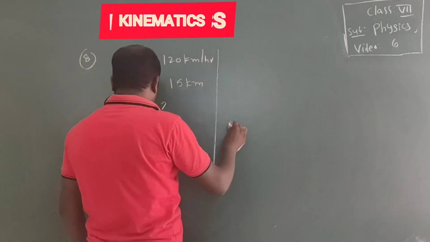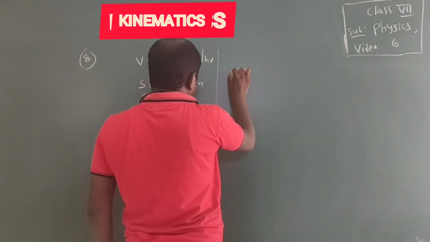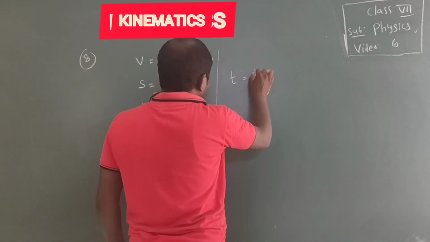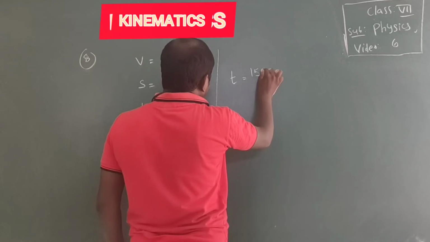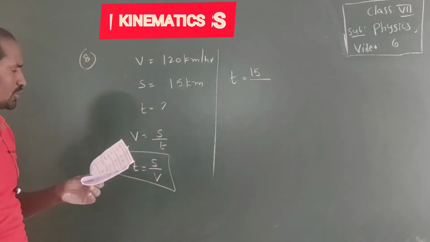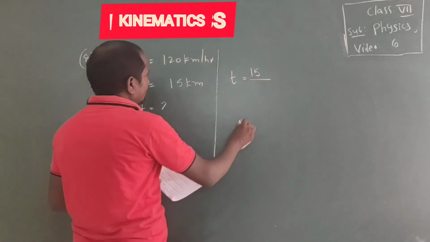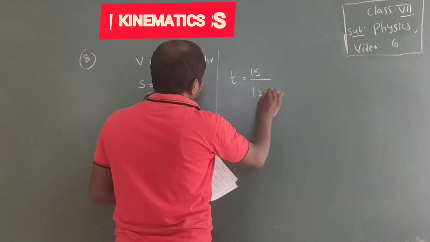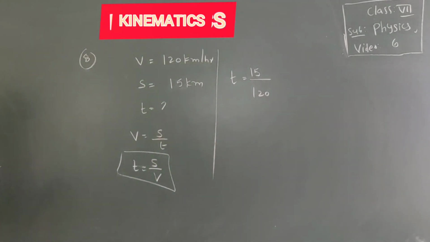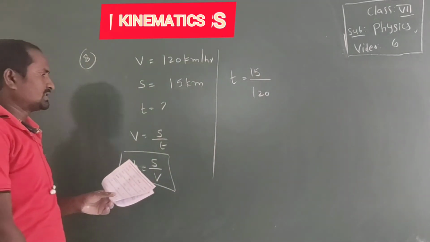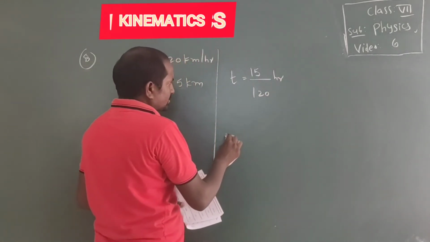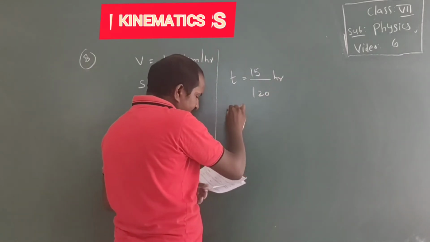So here t equal to, what is s here? S equal to 15 kilometers by 120 hours. Hours converted into minutes because the answer is given in minutes.